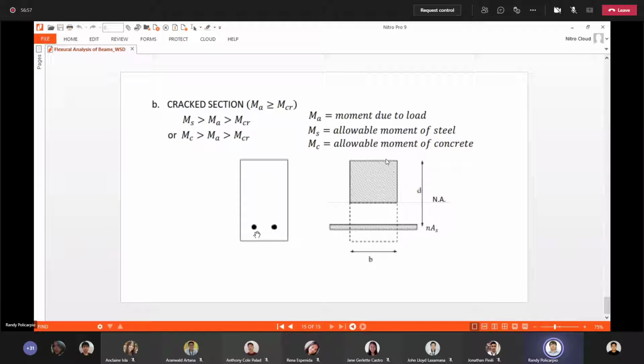Okay, and then the equivalent concrete area of our steel can be computed using this formula, N multiplied by AS. So yun ang pagdating sa cracked section. And then, ito yung comparison ngayon of our moment, no?